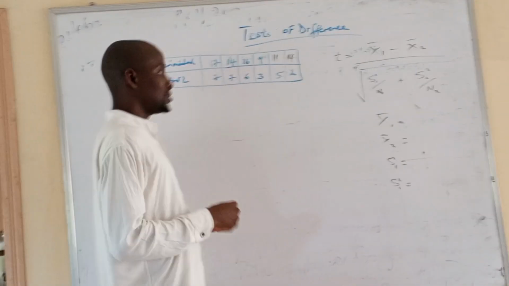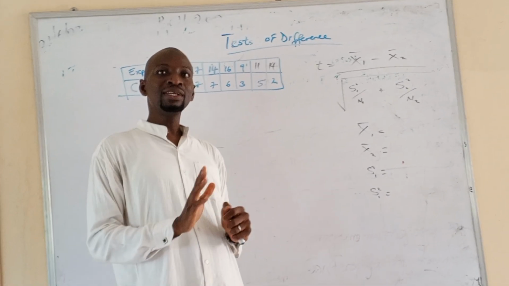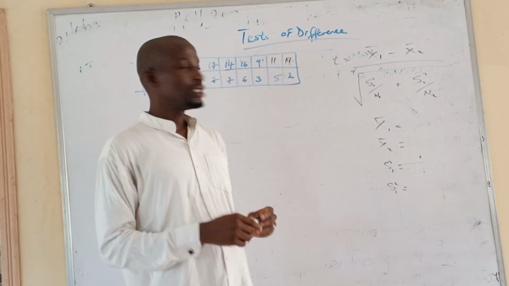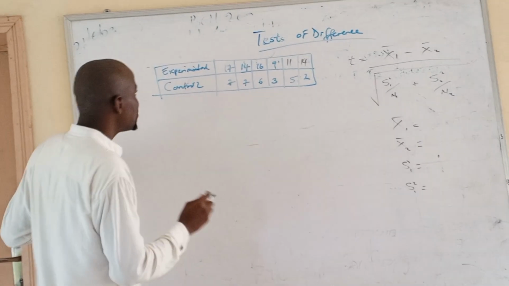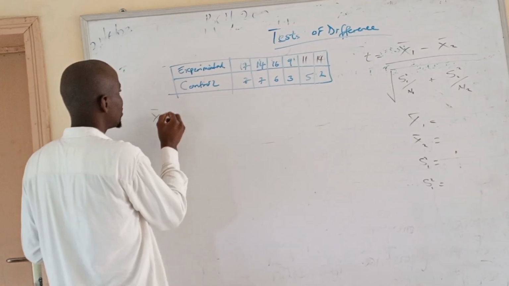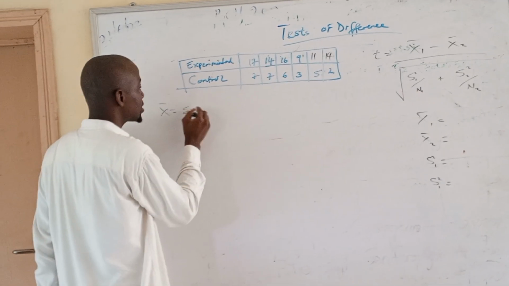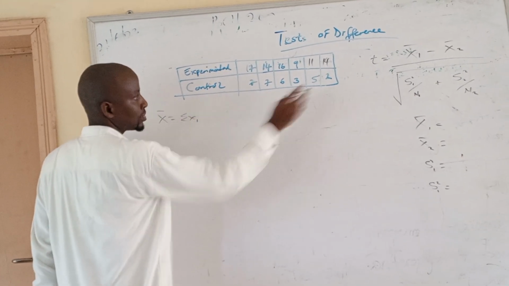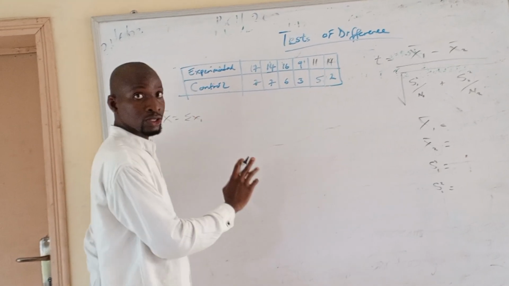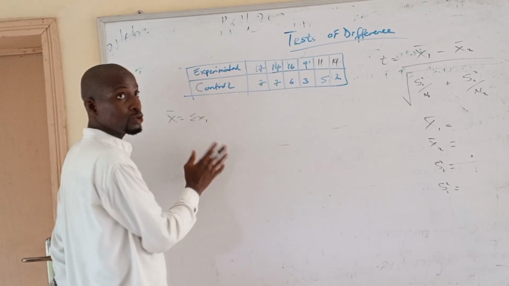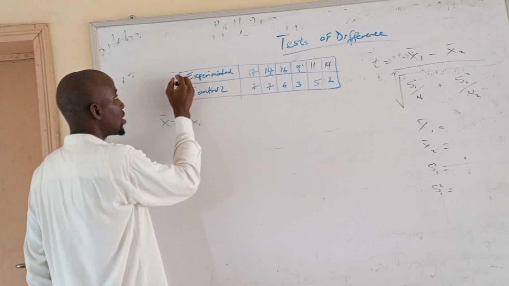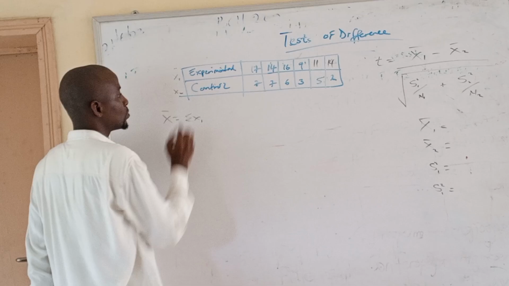By formula, the mean simply is the average. So the mean of 1 will be summation of x1, that's all the raw scores for the experimental group. We have already said this is our x1 and this is our x2.